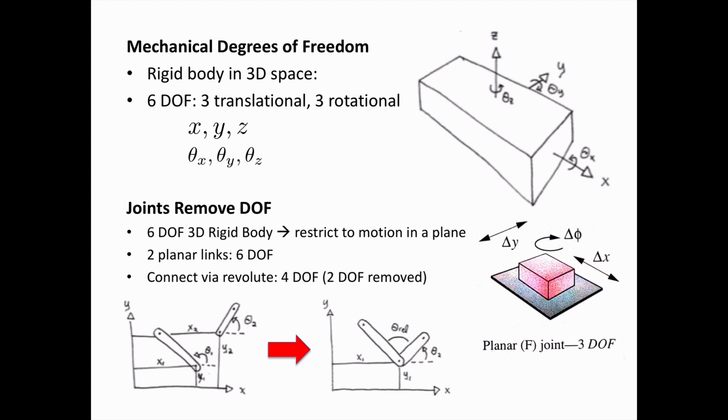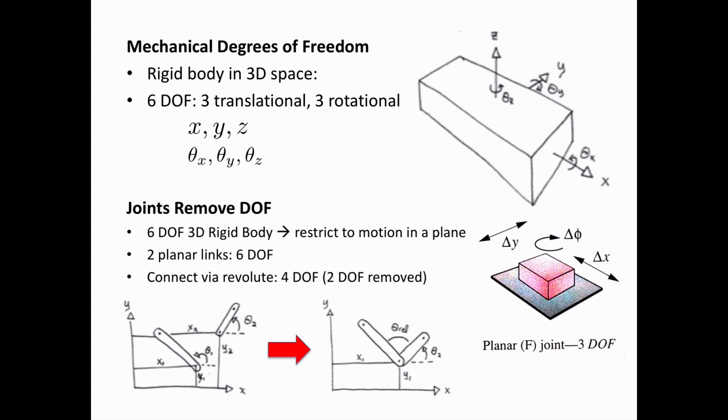We could define the translational position of the revolute joint, x1 and y1, and we could define the global orientation of link 2 with theta 2, but then we could also define a relative position between link 1 and link 2, this theta relative. So we have 4 quantities that are required to describe completely, uniquely, this system in space.